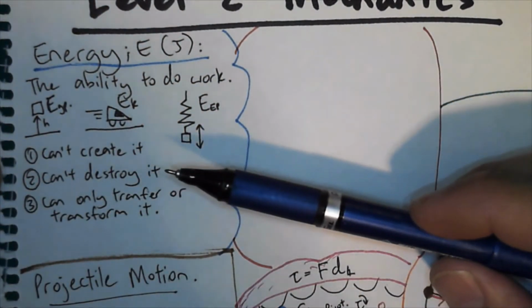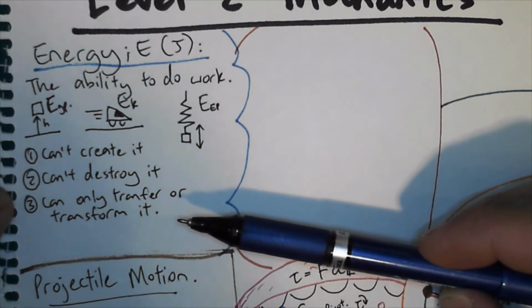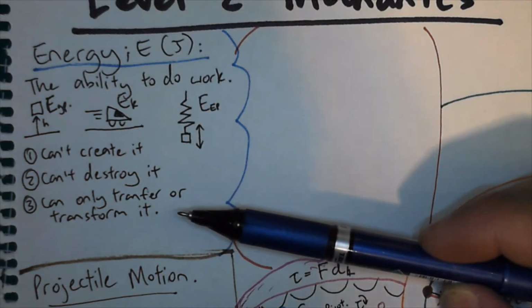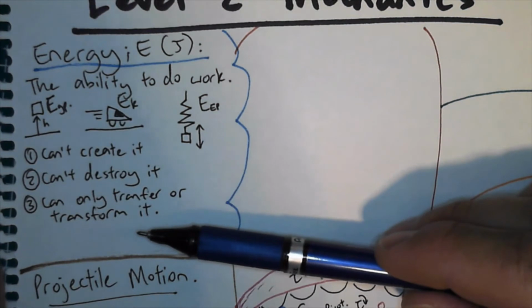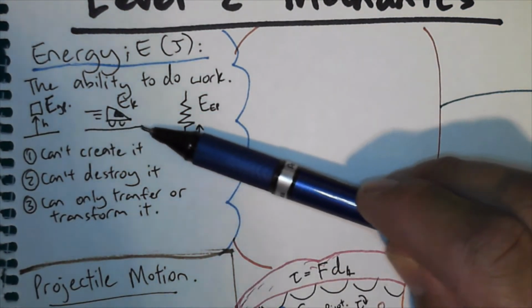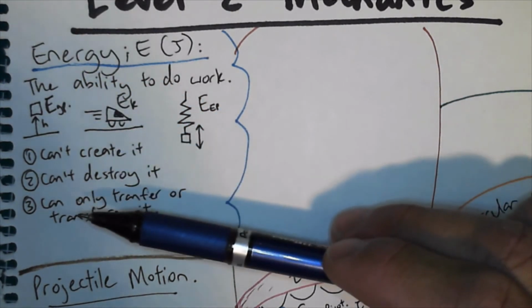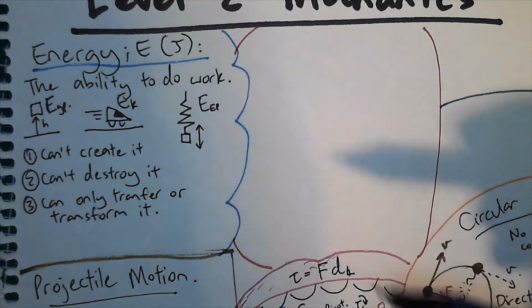So you can't create energy, you can't destroy energy, you can only transfer, which means take it from one object and give it to another, or transform energy, which means taking it from one type and transferring it to another. For example, lifting up a ball and dropping it will convert gravitational potential energy into kinetic energy.